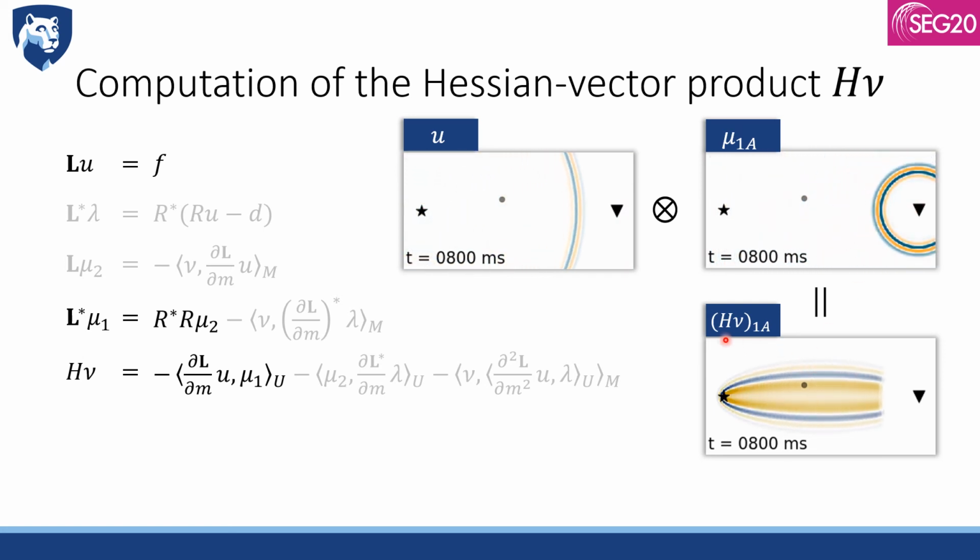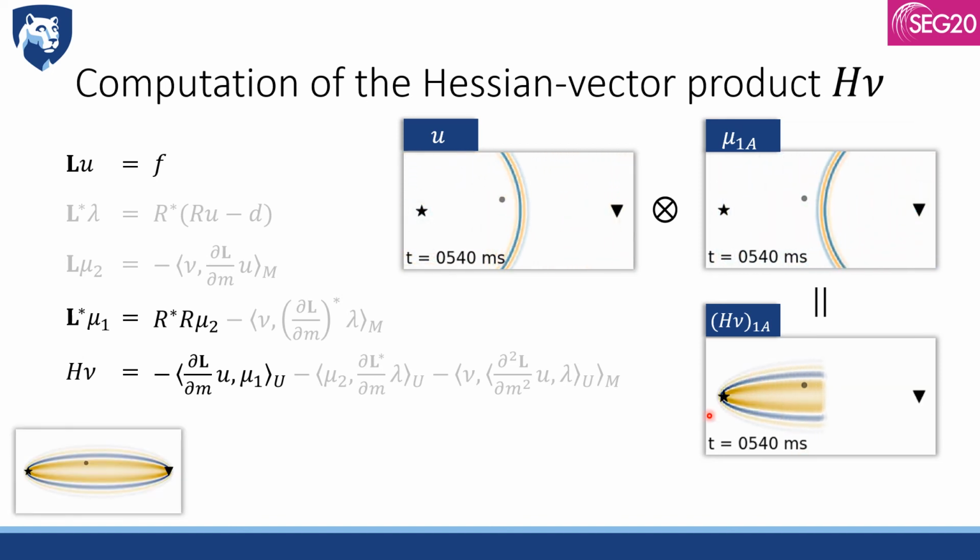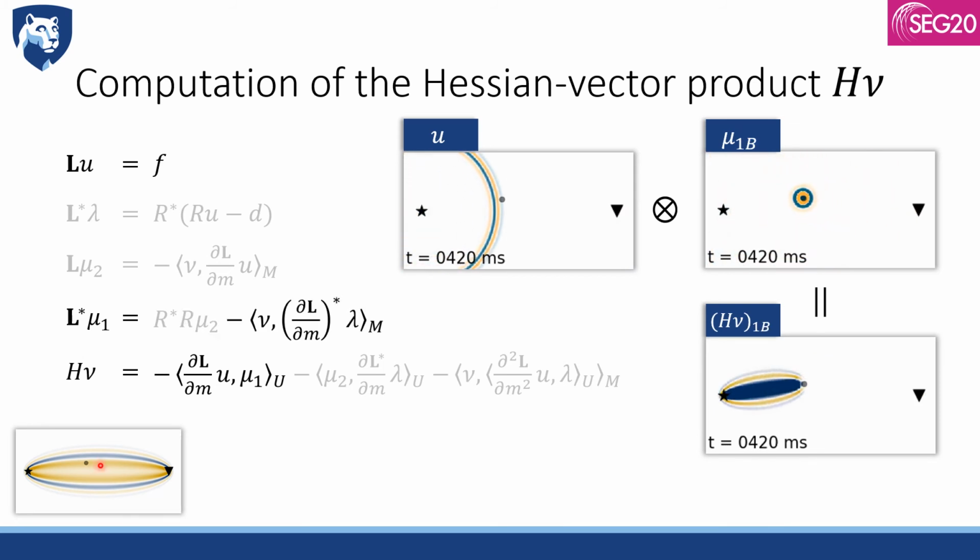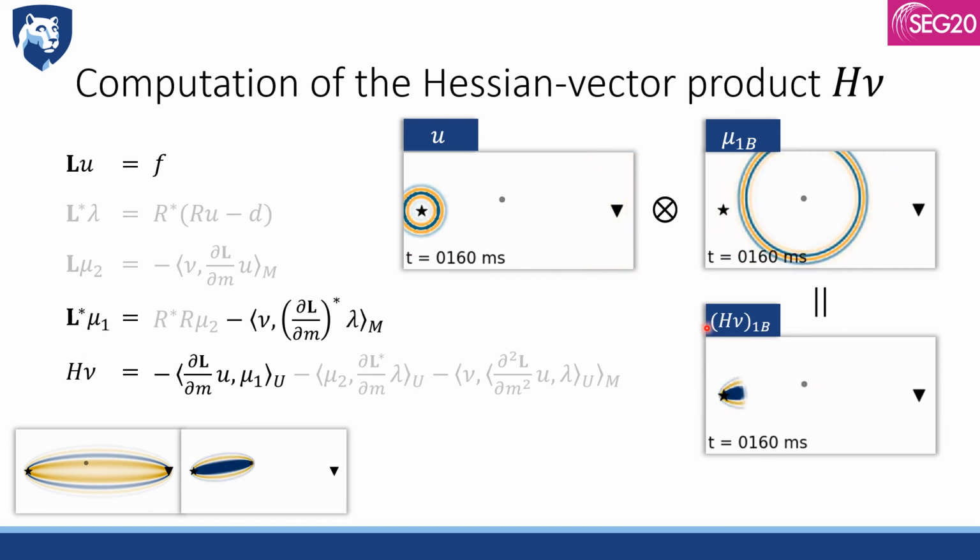Hence, H1a has the sensitivity between the source and the receiver. And we record this part of the contribution here at the bottom. As for part B, still u starts from the source, and mu1b shrinks to the scatterer. So H1b is this fish shape connecting the source and the scatterer. Similarly, we leave the result right here.